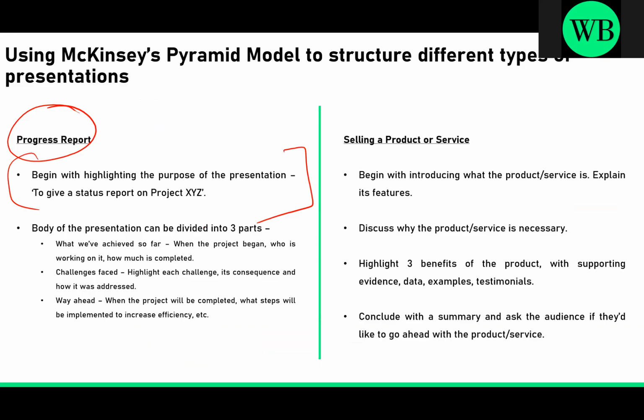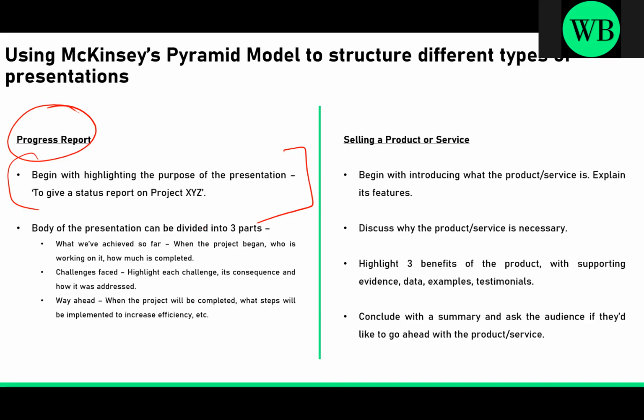Very often, when you're sharing a progress report, you want the opinions, suggestions, and advice of a senior manager that's sitting in, and often you want them to also ask whatever questions they may have on that subject, right?